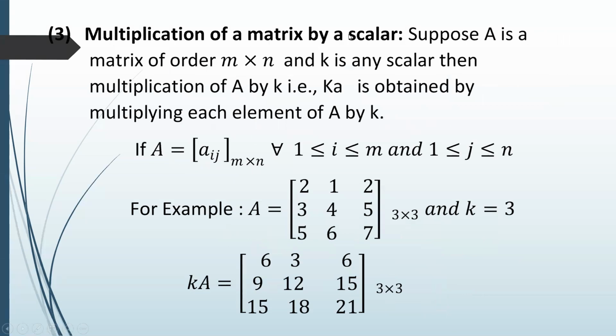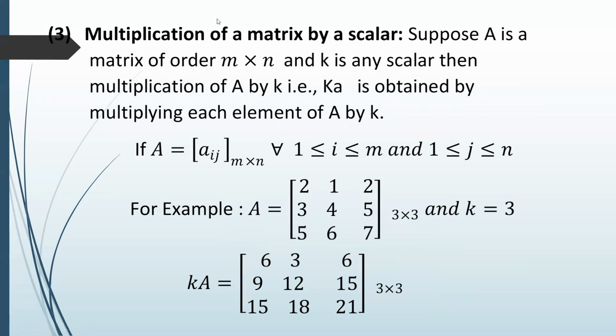Multiplication of a matrix by a scalar. Okay, so do you know what is a scalar? Scalars are 1, 2, 3, and so on. Okay, so multiplication of a matrix by a scalar. If we have a matrix A of order m by n and k is any scalar, then multiplication of A by k is written as kA.